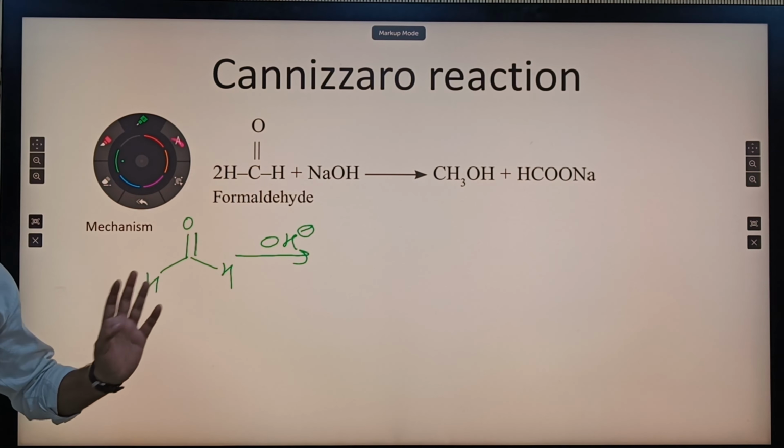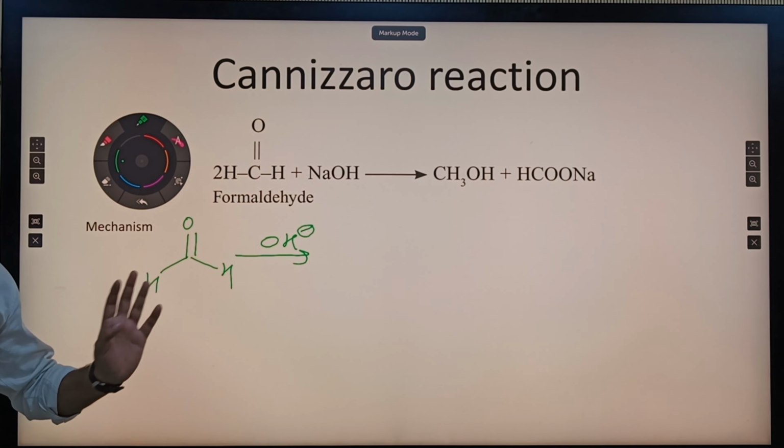and a dianion type intermediate will form. Then further we have another aldehyde, another formaldehyde molecule, in this reaction. The negative charge will resonate, or delocalize, in the molecule and force the hydride to attack the carbonyl group of the formaldehyde.